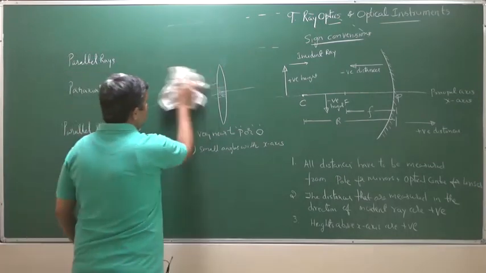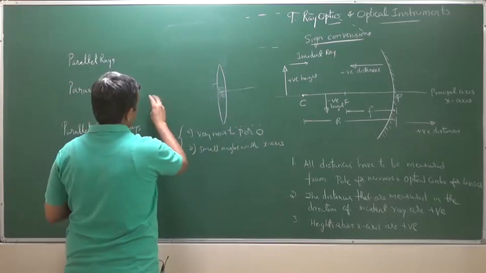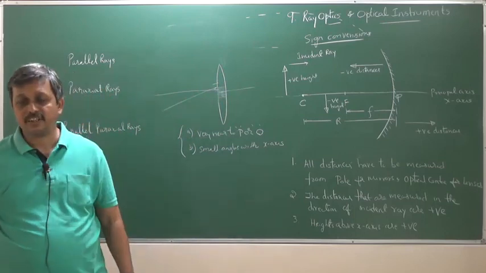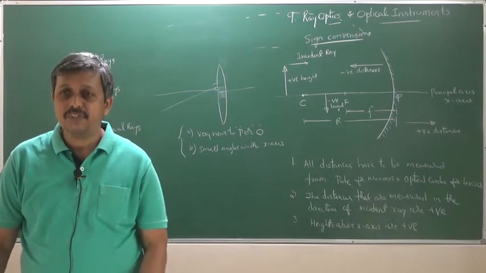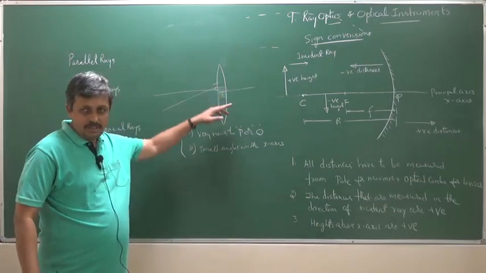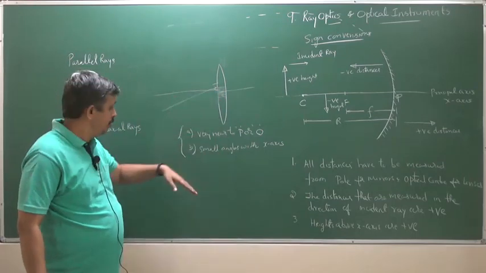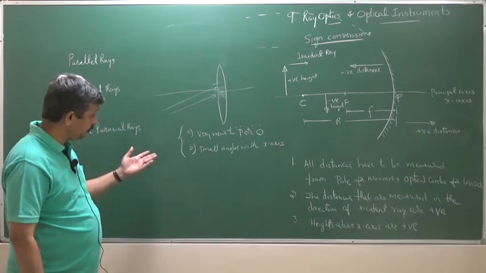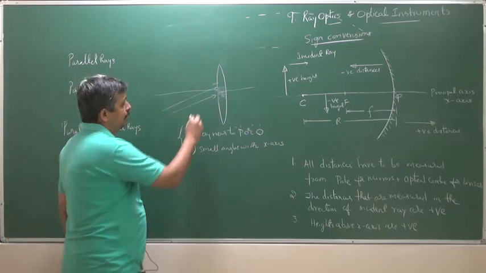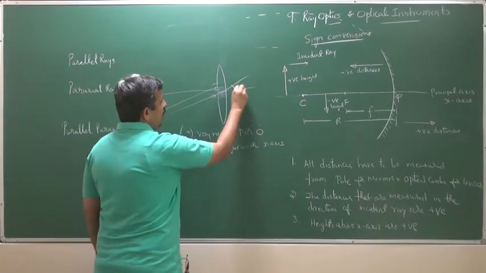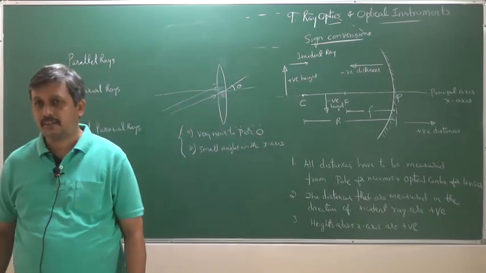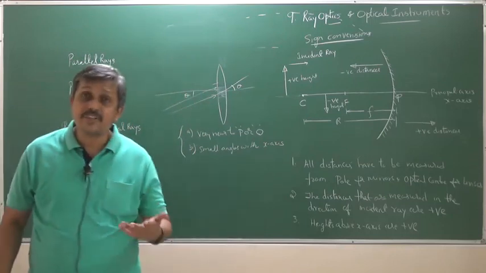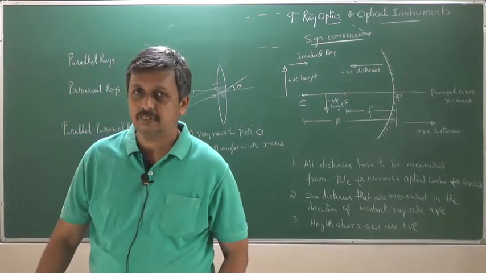It can be one ray like this, another ray like this, whatever. These are all called paraxial rays. The rays falling very near to the pole or optical center, up or down, and making very small angles, this theta, that is very small. Such rays are called paraxial rays.